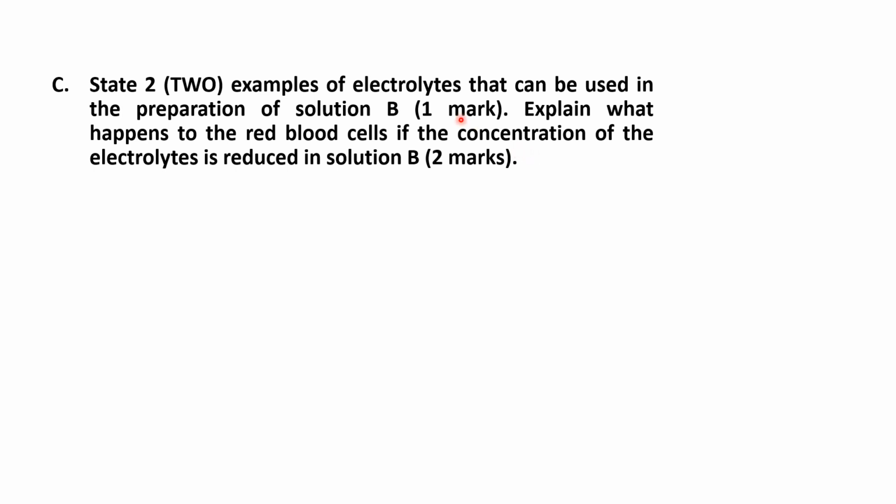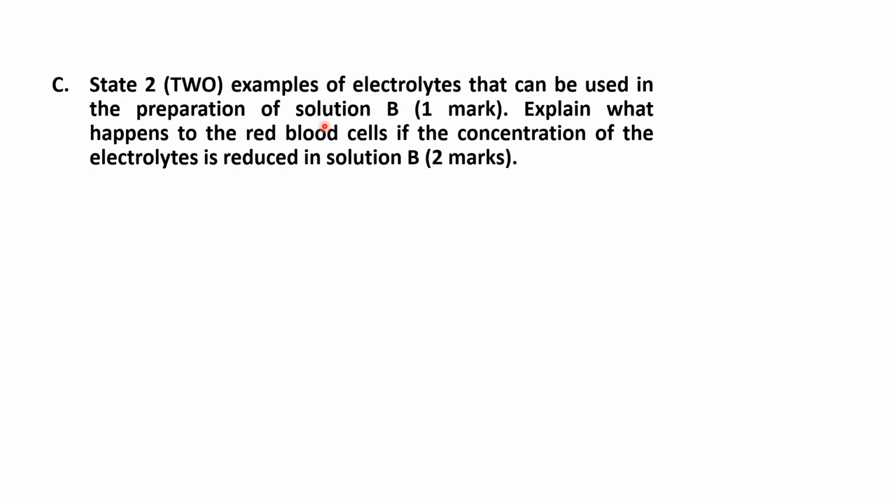Now, let's look at the first part. It says to state the examples. Now recall from the first question, we have established that solution B is an isotonic solution. That means it has the same osmolarity as the cell's cytoplasm.